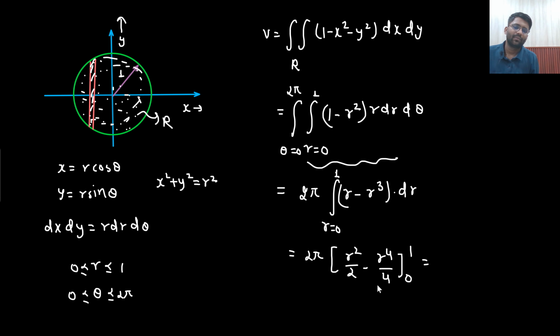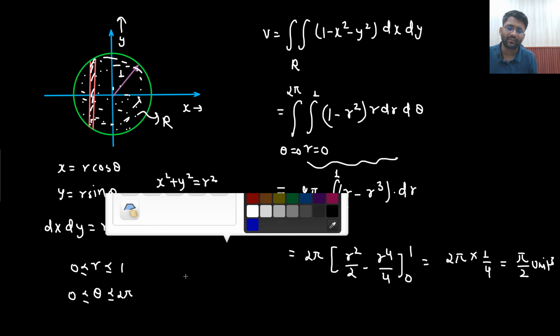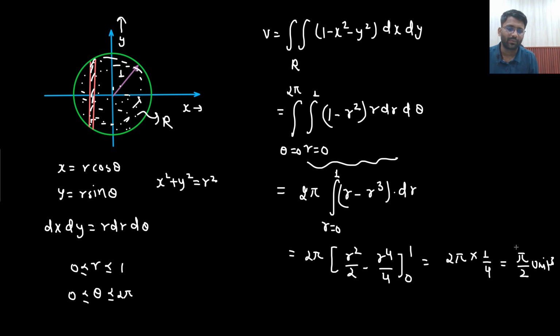Putting the limit, 1 by 2 minus 1 by 4 will be 1 by 4. So what is the answer? Pi by 2. So pi by 2 unit cube will be the answer.